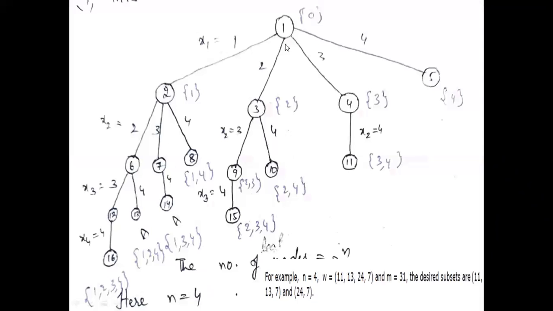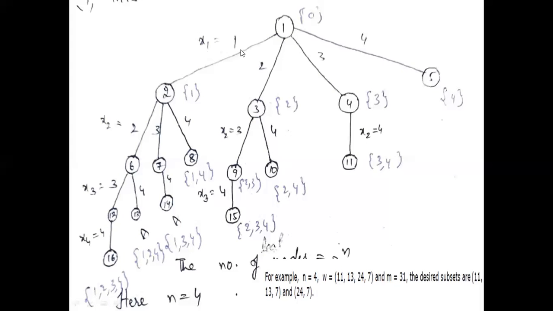The second node represents subset 1, including only the first element. The third node represents subset 2, the fourth node represents subset 3, and the fifth node represents subset 4.